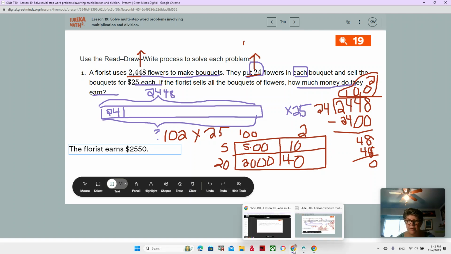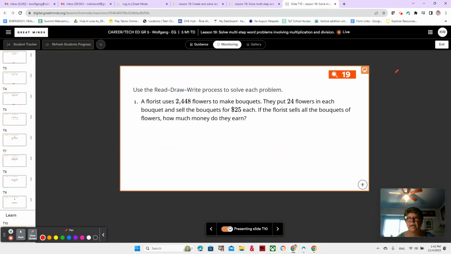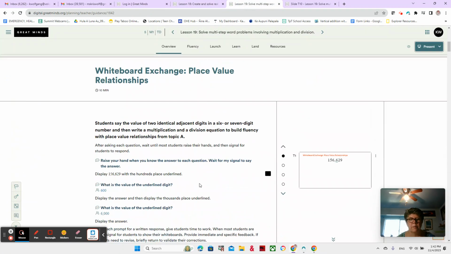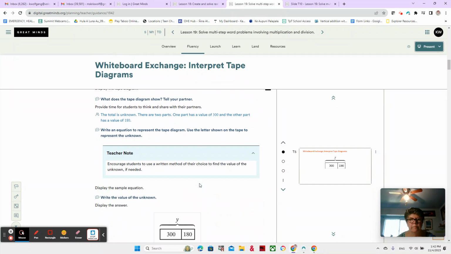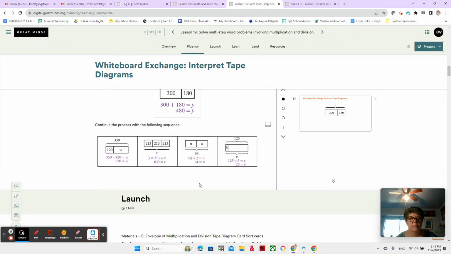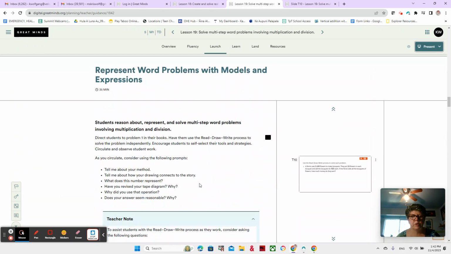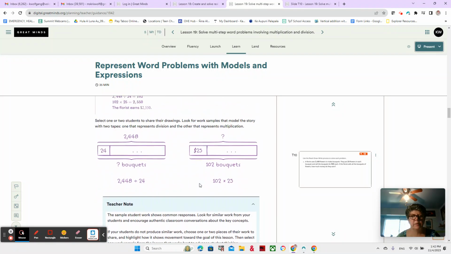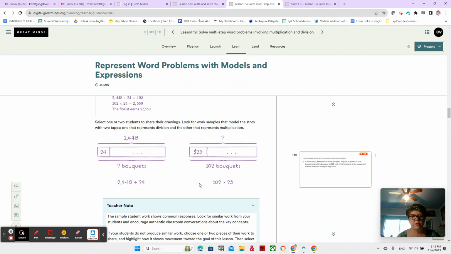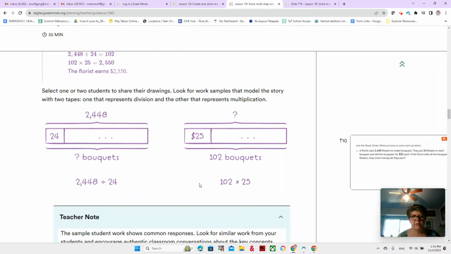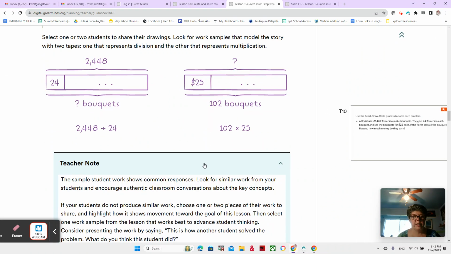Let's look at one more thing here. Sorry, wrong page. There we go. Okay, there's our two possible tape diagrams, right?